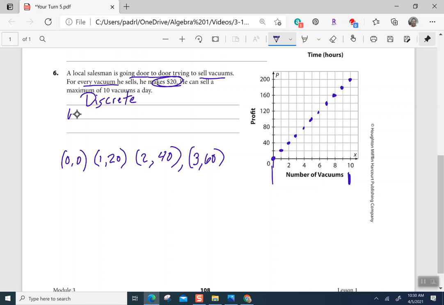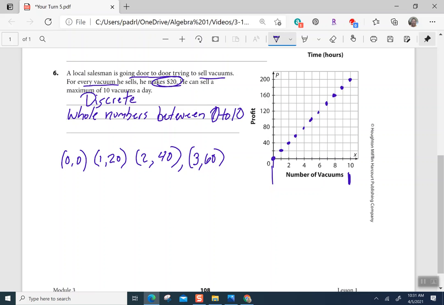So I want whole numbers between 1 to 10. Actually, I said 1. I should have said 0 to 10. Because remember, 0 was an option. He could have knocked on no doors, and that day he made no money.